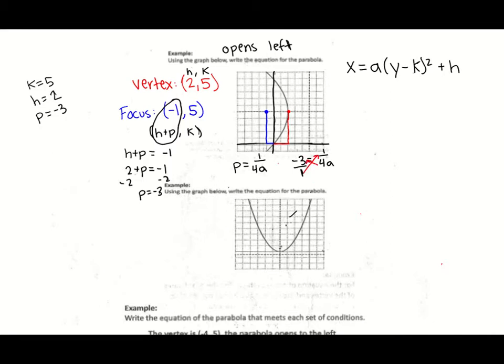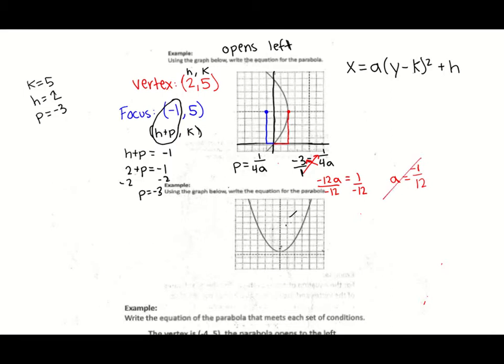To solve for a, I have 4a times negative 3, which gives me negative 12a. 4 times negative 3 is negative 12. So negative 12a equals 1 times 1, which is 1. Divide both sides by negative 12, and I get a equals negative 1 over 12.